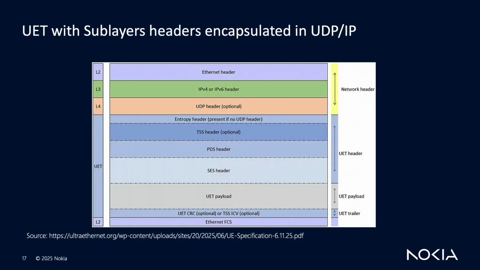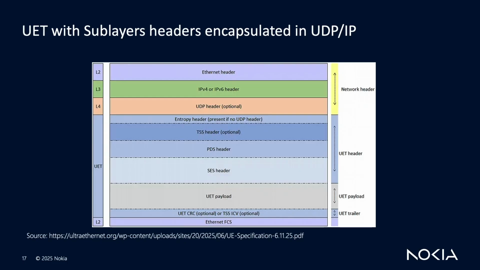From a stack perspective, the usual stack, we as an industry tend with every new kind of thing to build just another envelope, another encapsulation, and since IP UDP is cool stuff, let's use that as our transport and put all the other stuff on top. That's what you also see here.